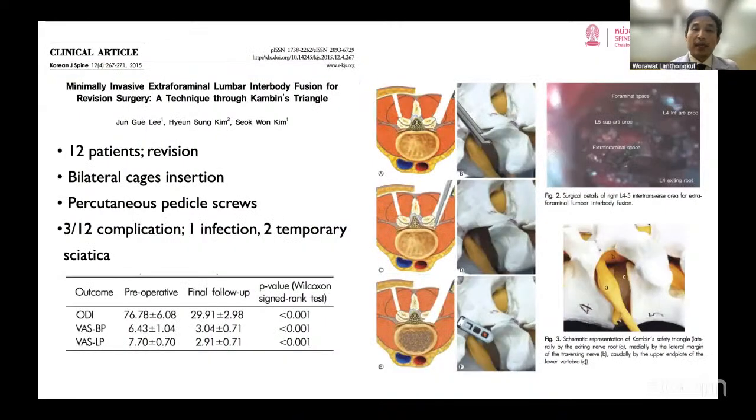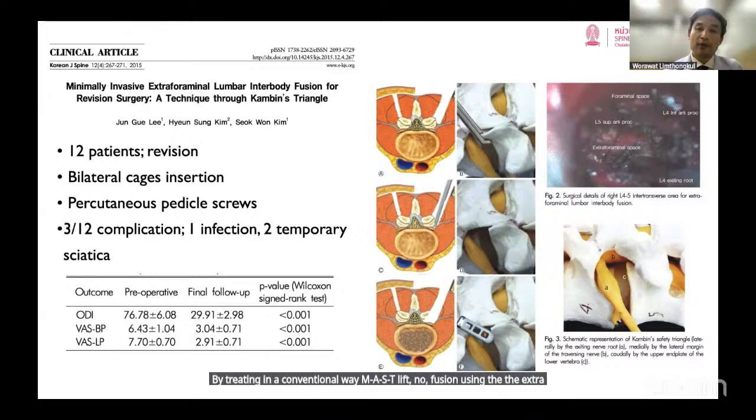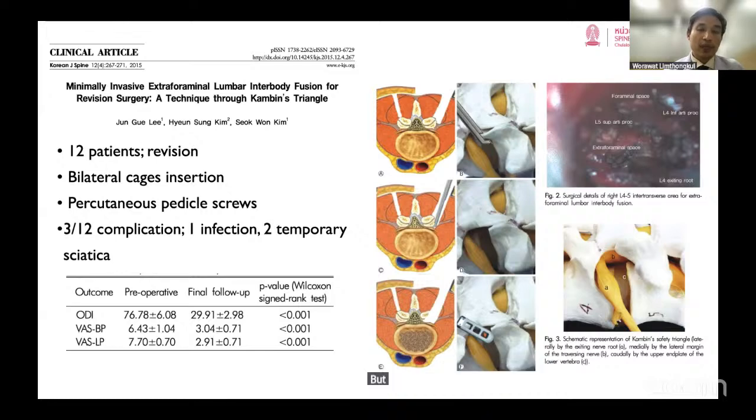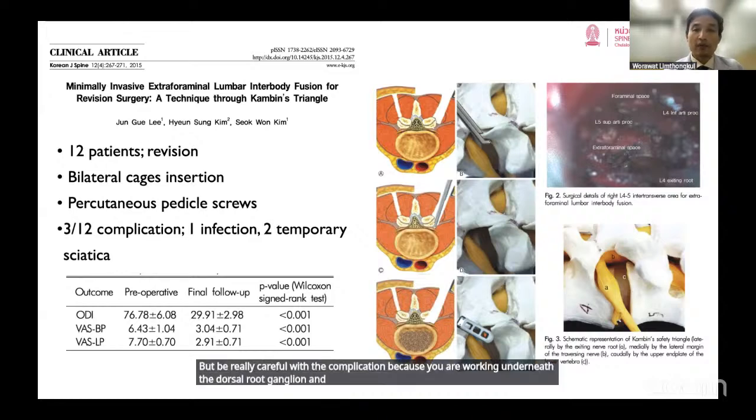By treating in the conventional way, MIS TLIF, fusion using extraforaminal lumbar interbody fusion has shown very good significant results. But be really careful with complications because you are working underneath the dorsal root ganglion and the nerve. You have to be really careful while putting the cage in because, even though temporarily, nerve injury can cause significant pain after surgery.